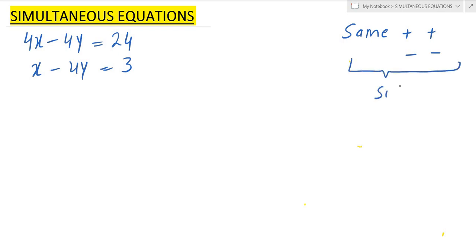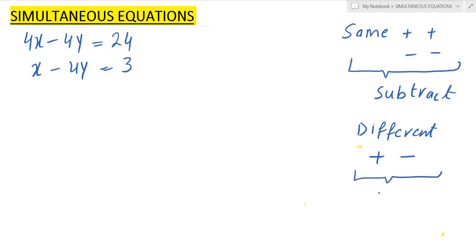If the signs are different, like in the second question, one is plus, one is minus, then you need to add the equations, like this is the first equation, this is the second equation. Here the signs of the y coefficient are the same, which is 4 and 4. So we need to subtract.